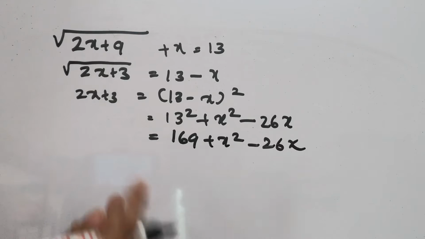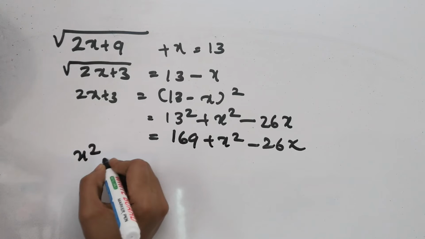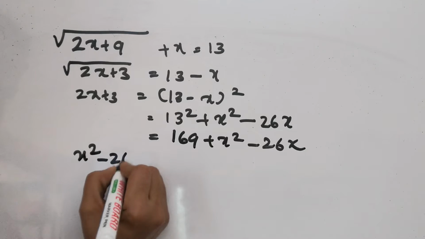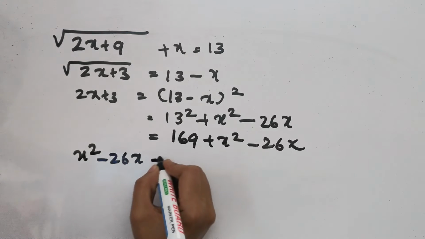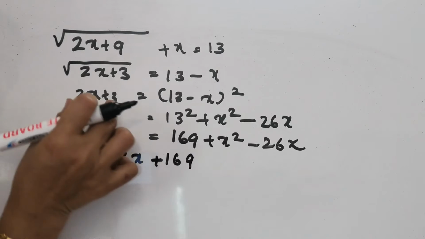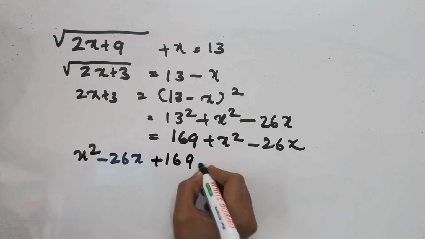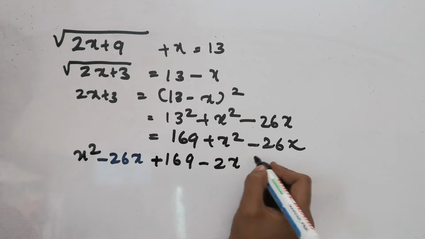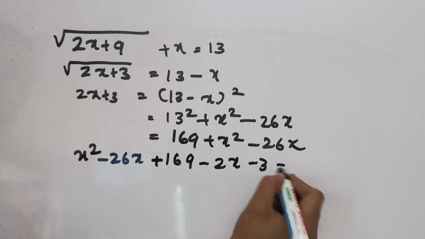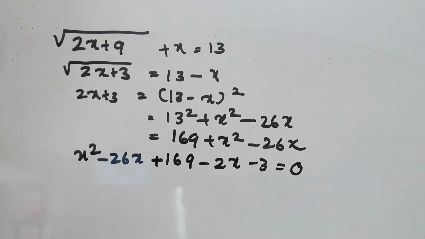Okay, then we have to rearrange this equation. We take all of the terms to one side. We get x square minus 26x plus 169 minus 2x minus 9 is equal to 0.